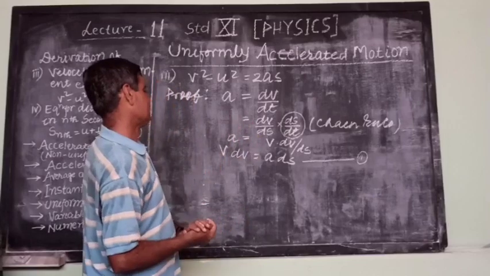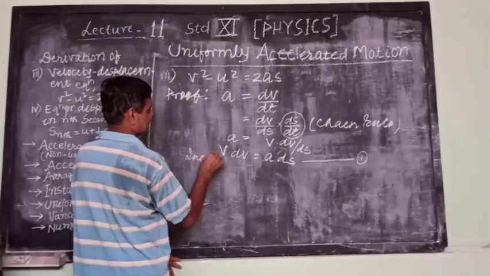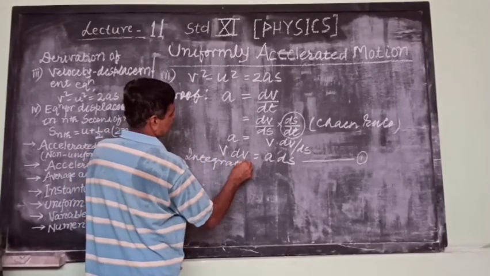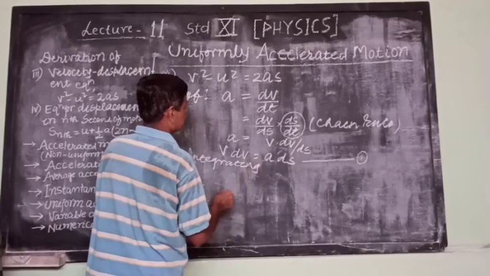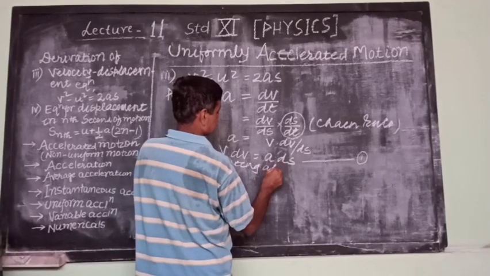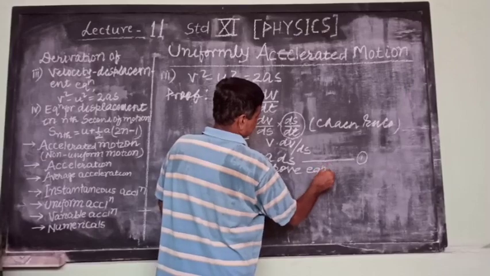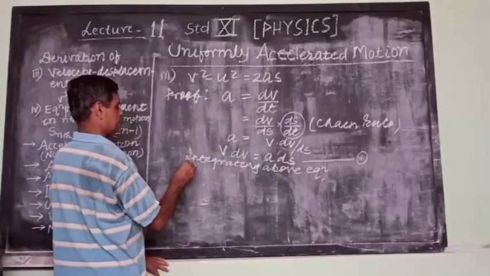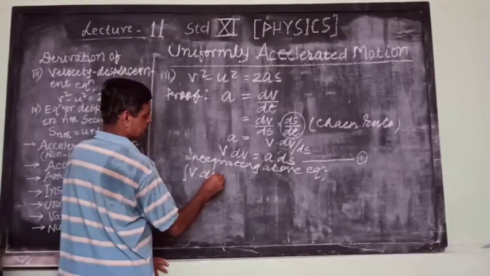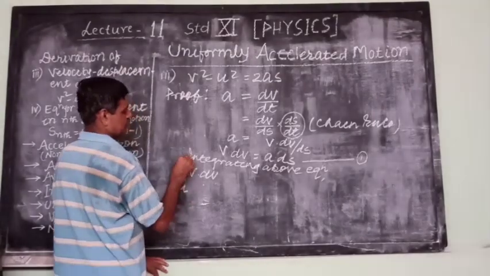We will integrate. Integrating the above equation within certain limits. So this is your v dv, integrating it from u to v.